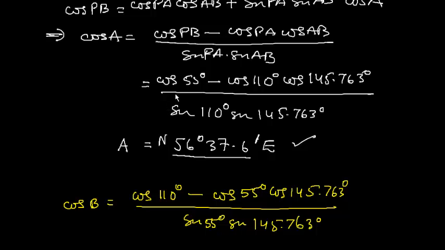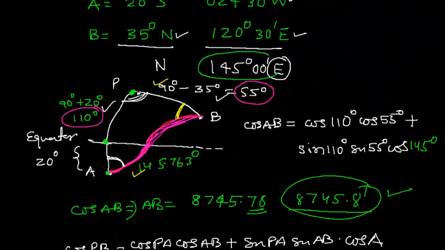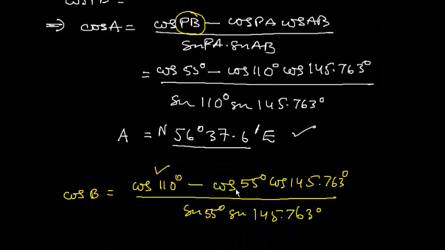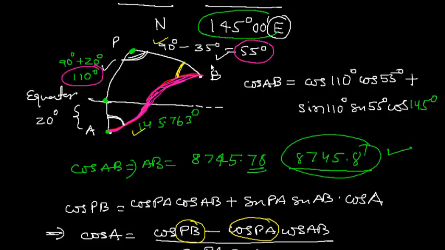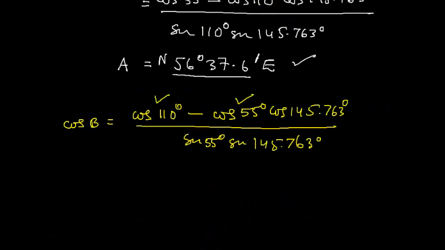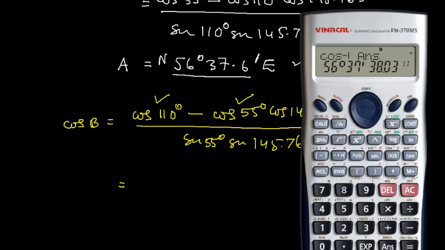Let me just correlate with this one. So this was PB. Now I've replaced it with PA, which is 110. Again, this is PA, which is 110, and this PA I replace with PB, which is 55. PB is 55. So I get this cos B.